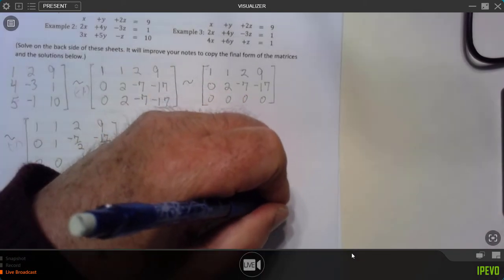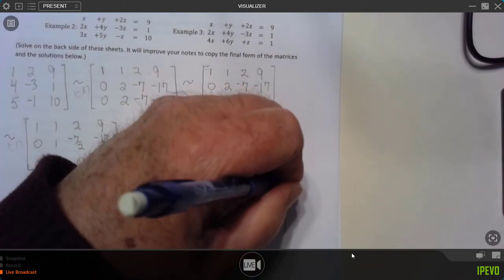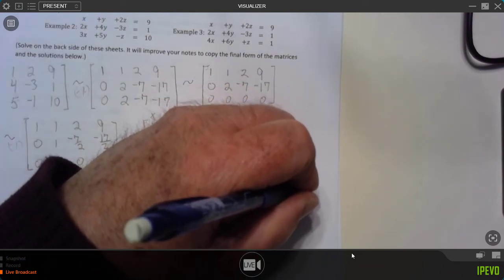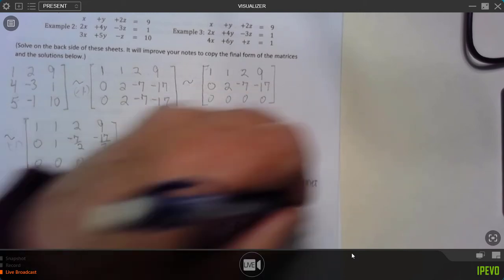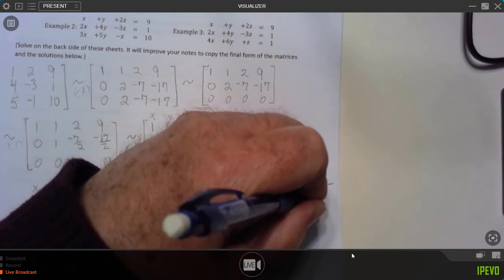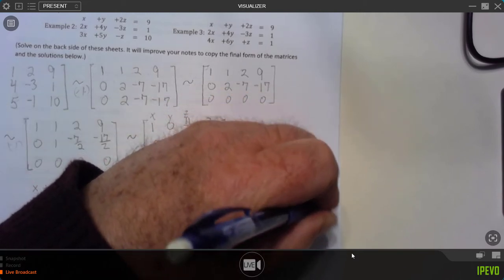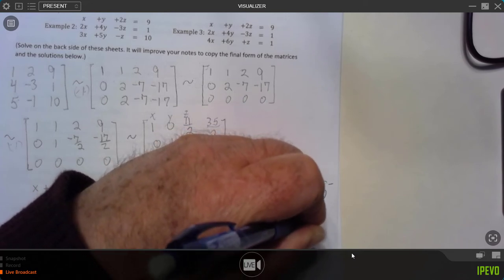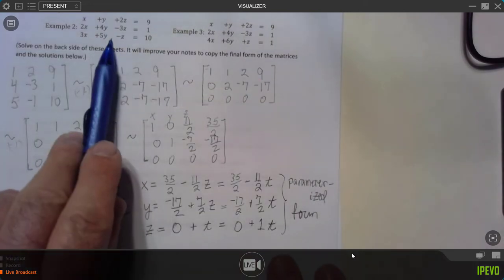This version is known as the parameterized form of the solution of this system.